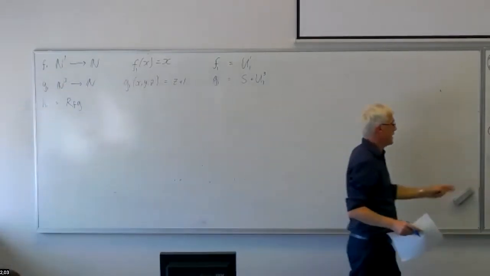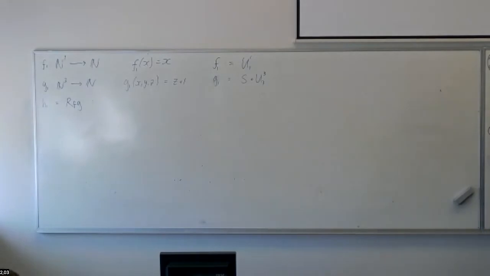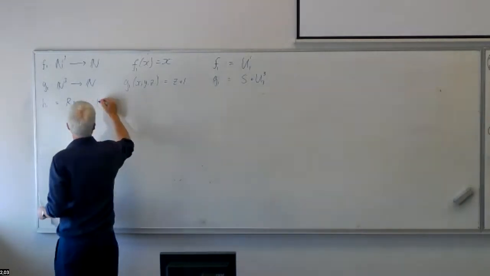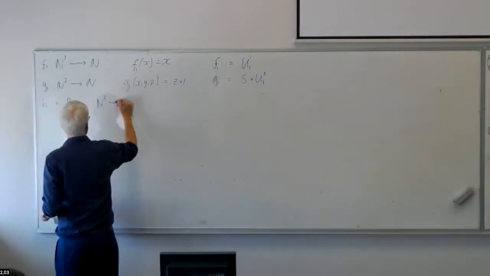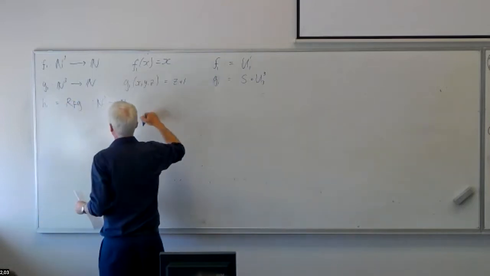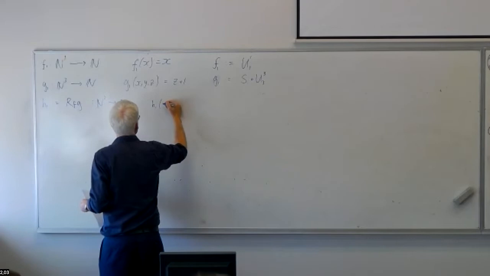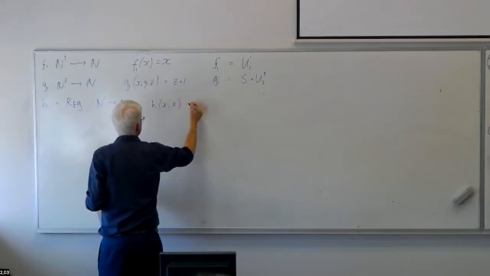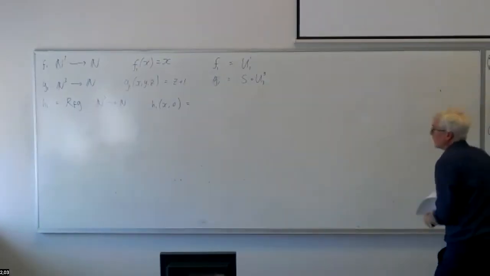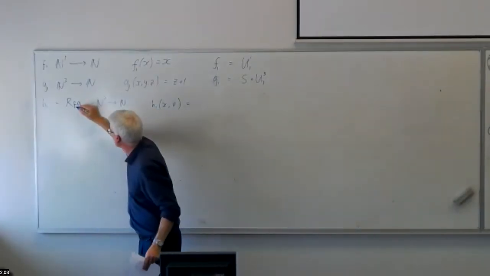That means k is 1 here. So R F G is a function of two arguments, a function from pairs of natural numbers to natural numbers. And if we look at what it does, well, H1 applied to x and 0.